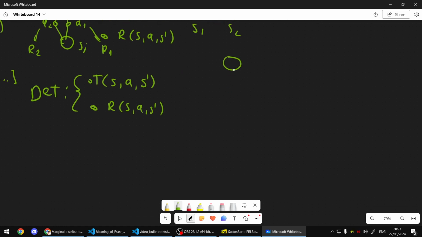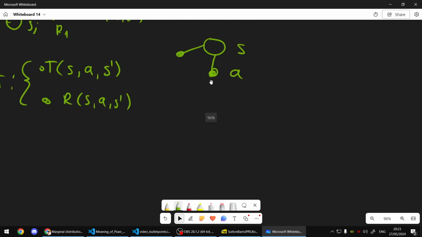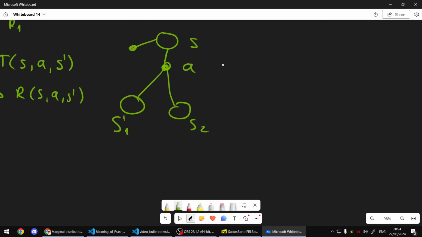You start from S, you select some action A, although you may have multiple, and this action will guide you to some other states. And we will have an associated probability of reaching state S prime, where we write a conditional statement that we were in state S and used action A.